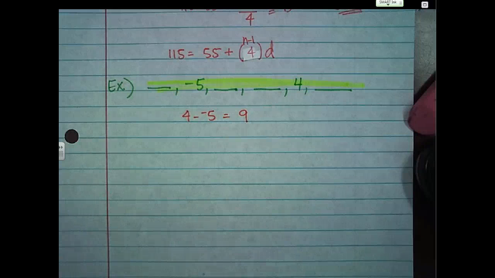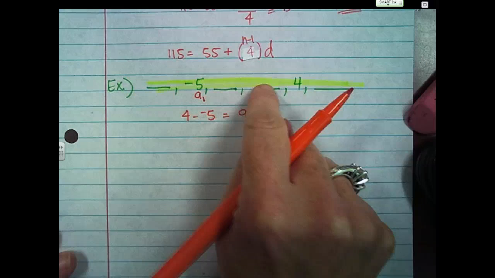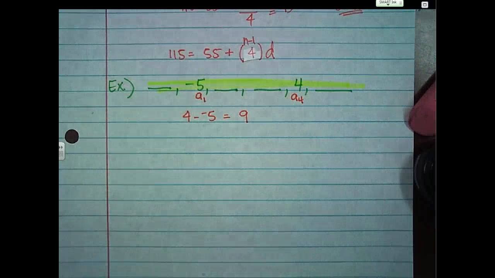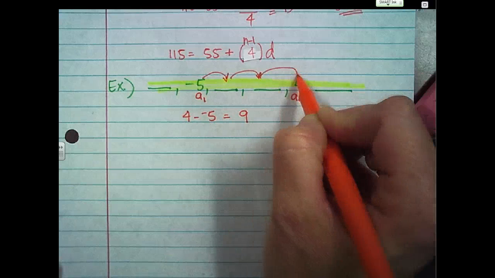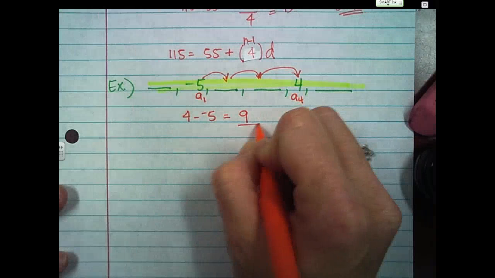If we consider this my first term, 1, 2, 3, 4, and this is my fourth term, 4 minus 1 is 3. Or you can look, 1, 2, 3. How many jumps is it? If I'm going from 1 to 4, it's really only 3 jumps. So take your 9 and divide by 3.